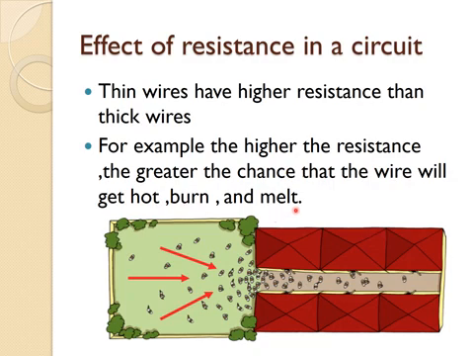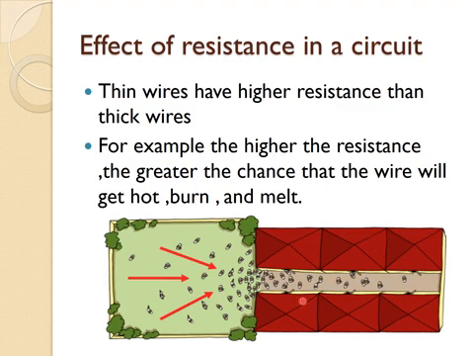Then what is the effect of resistance in a circuit? Why are we studying resistance? We say that thin wires have higher resistance than thick wires. For example, the higher the resistance, the greater the chance that the wire will get hot, burn, and then melt.